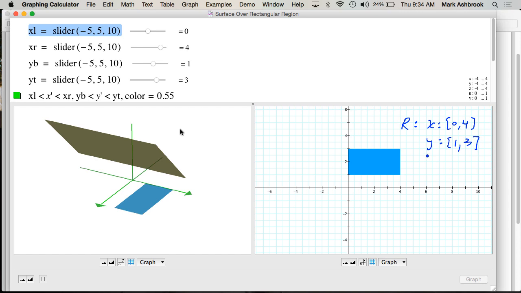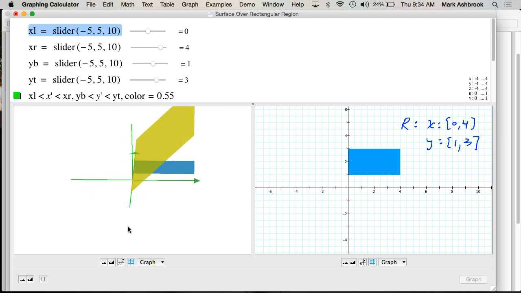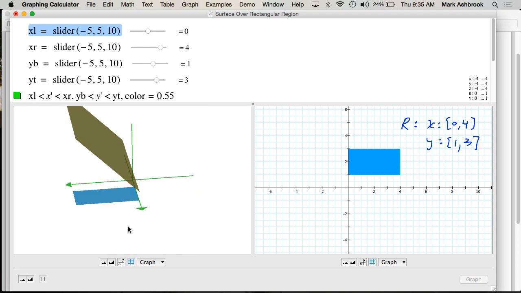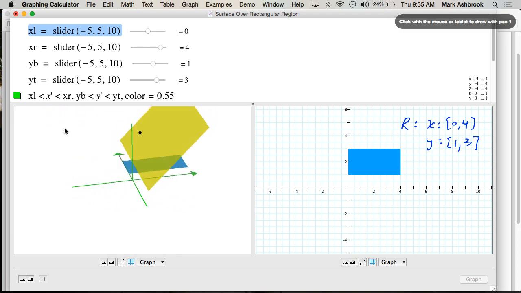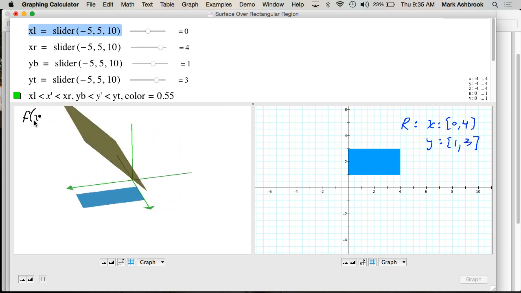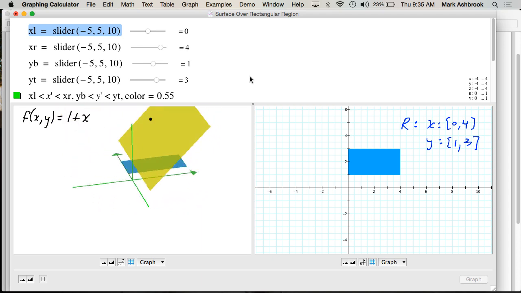And then I have the surface here. It's just 1 plus x. Let's give this a spin so you can see what's going on. I want to talk about the double integral of the function 1 plus x over this region R. So f of x,y equals 1 plus x. That's what we're talking about.